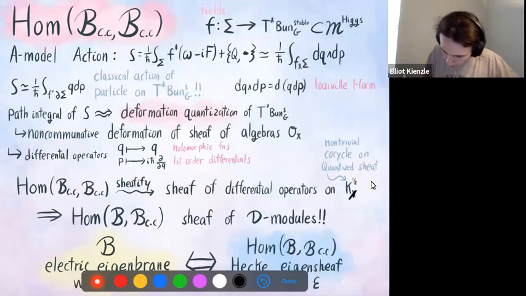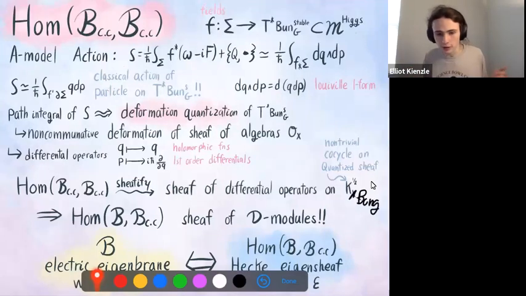Oops. And the reason for that is basically this is a local construction, and you have to check the cocycle condition of when you have a few of these together. And if you look at the cocycle condition, basically you see that the quantized sheaf has to live on a different line bundle, the square root of the canonical line bundle.